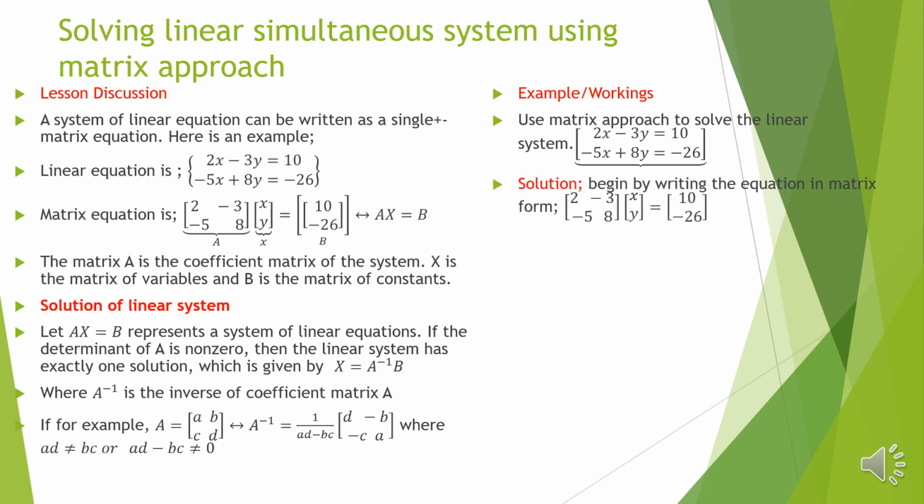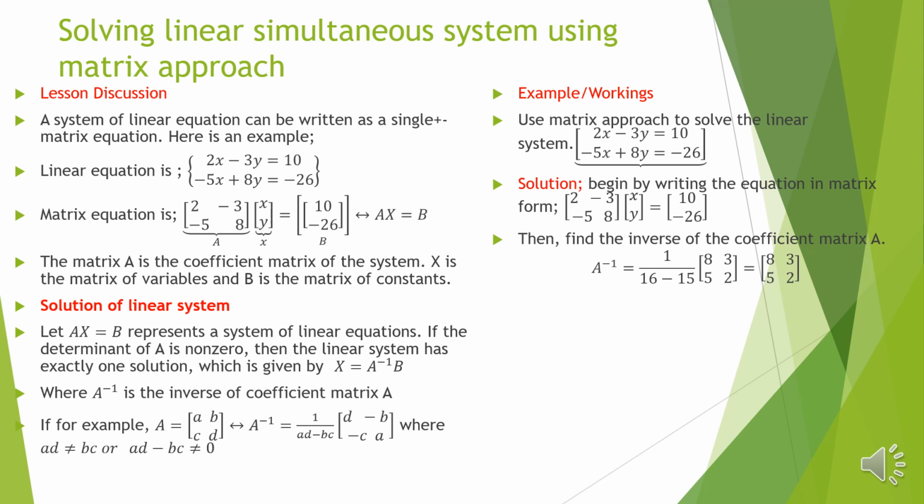We begin by writing the equation in matrix form. So it becomes 2, negative 3, negative 5, 8, then we have the matrix of variables, and then equals the matrix of constants.